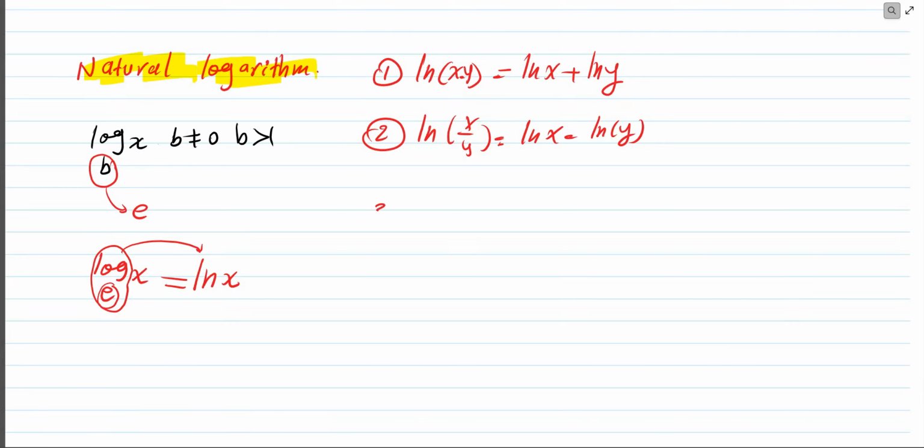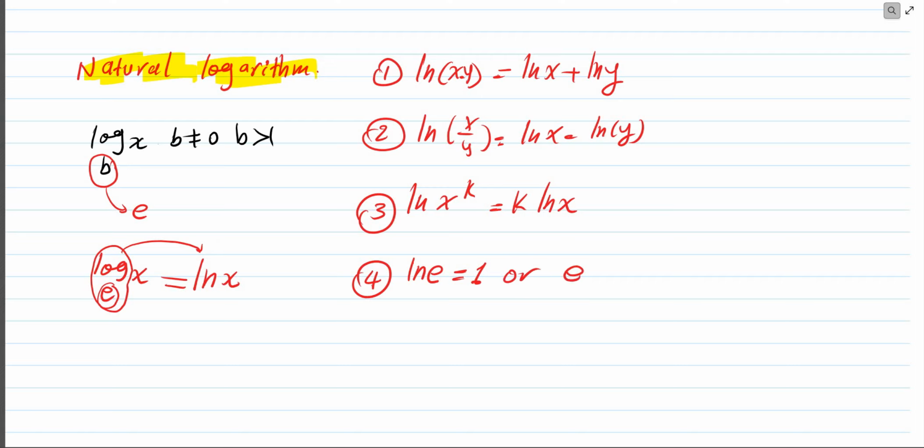And the property of the power: when you have ln of x power k, it equals k ln of x. And the fourth one, which is ln of e equals 1, or e power ln of x is only equal to x.